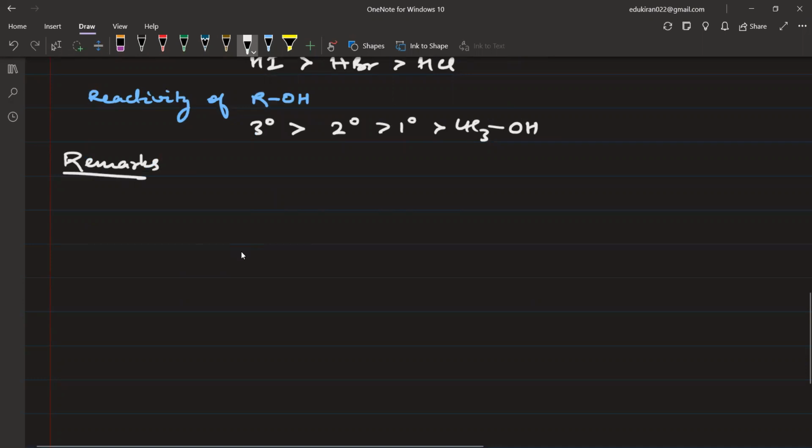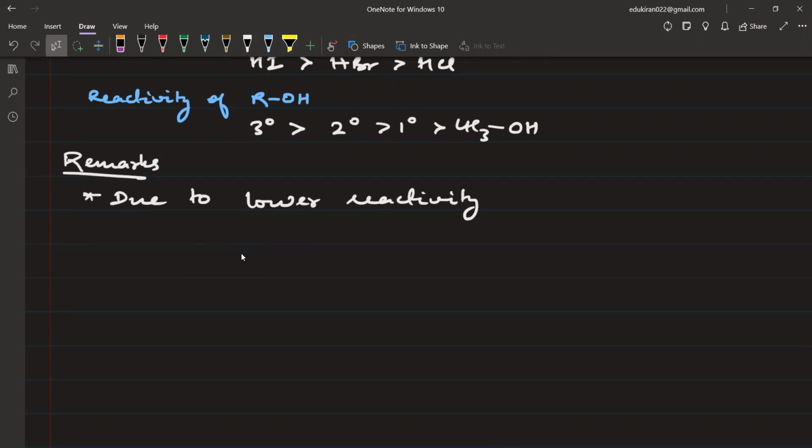Please write here. First point, due to lower reactivity of 1 degree and 2 degree alcohol with HCl.